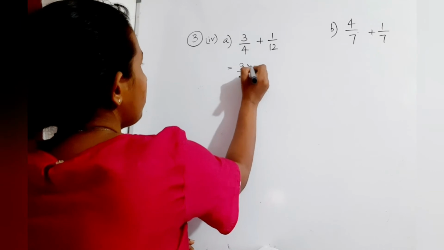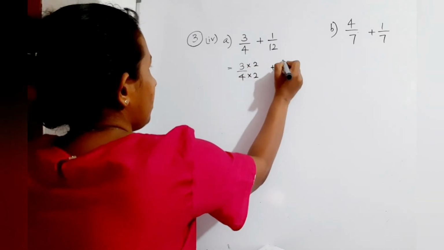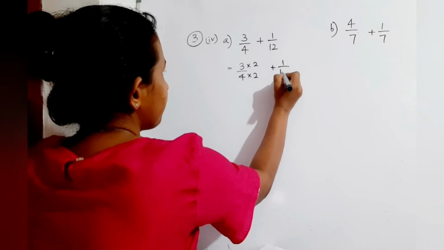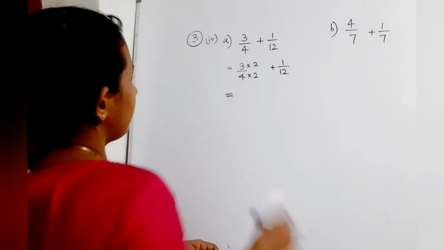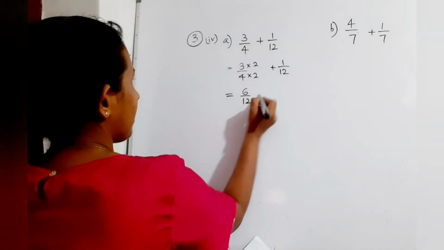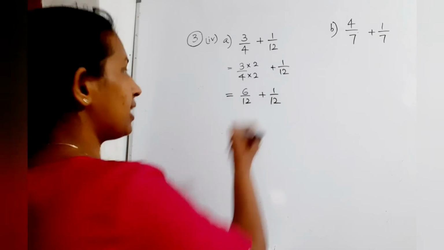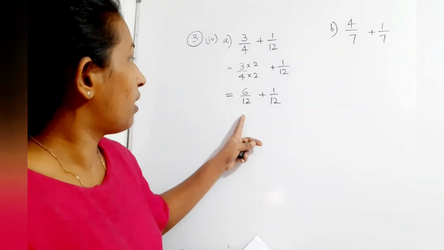3 over 4, I multiply by 2. I did not do any change for this one. I write it the same here. So 6 over 12 is there. Then 1 over 12. Then Putala, you can see the denominators are equal.